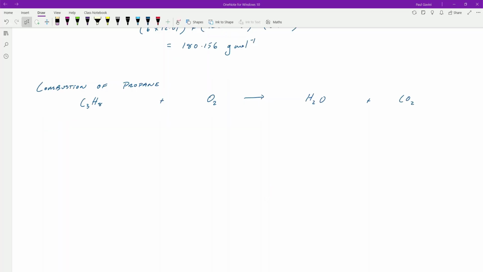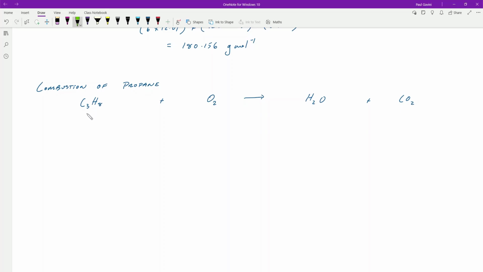Okay, so let's have a look at this now. Combustion of propane. So here's the formula for propane: oxygen, water, and carbon dioxide are the products. So the first thing that we must do is actually balance this equation. Now, because we've got an element by itself, we leave that one to last. That's our wild card when it comes to balancing equations.